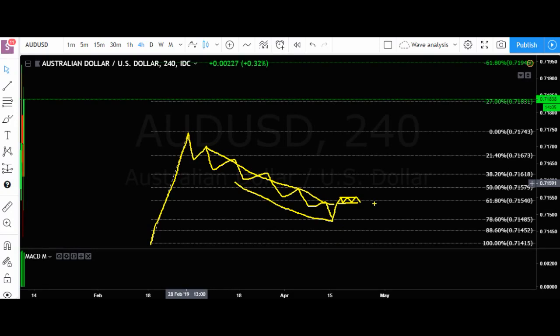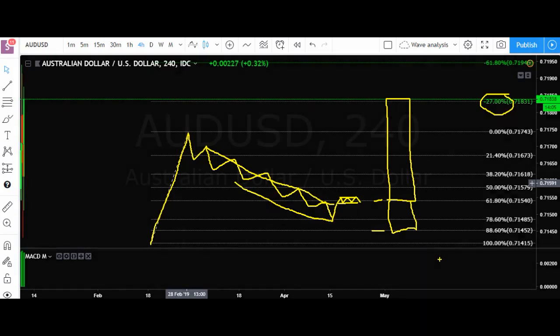So let's say for the purpose of this example, we take the trade right on the 61.80%, and our stop loss, let's say the 88% pullback, will be our stop loss. Then we will work out our profit target to the 27% extension. So basically, this will be our reward, and this would be our risk.